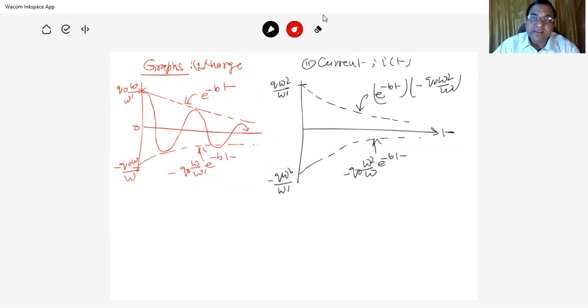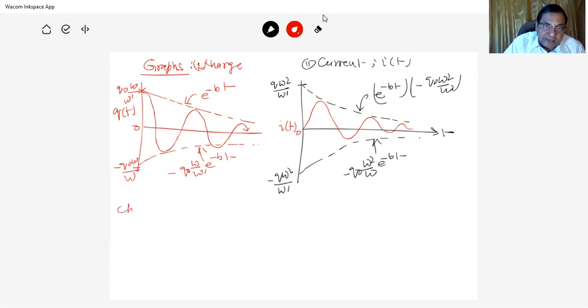And the current is, initially it is 0 and then increasing, and then it is decreasing, something like this. So see, this is IT and this is QT. This graph means current and voltage, charge.